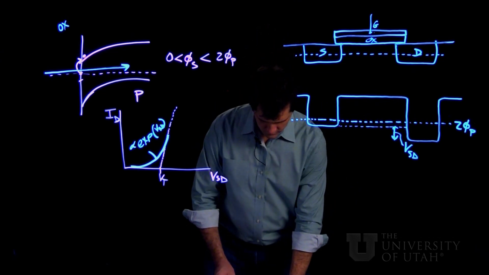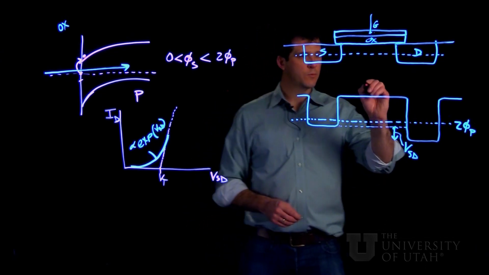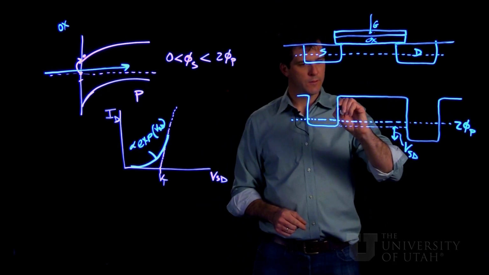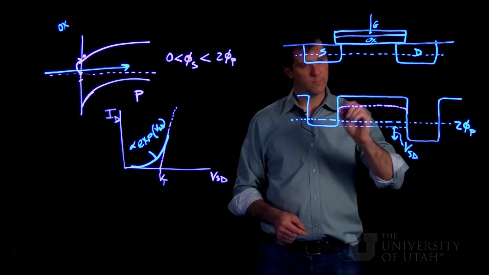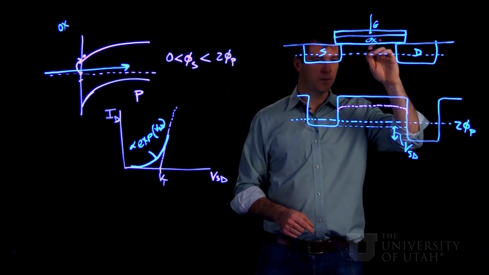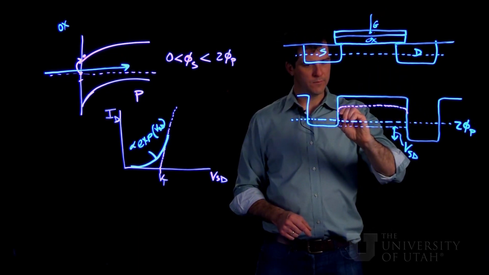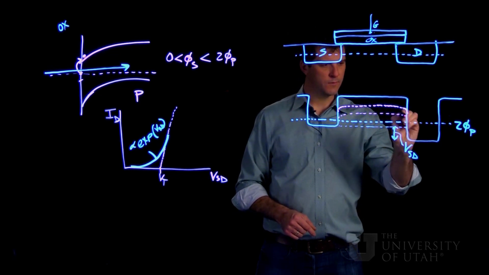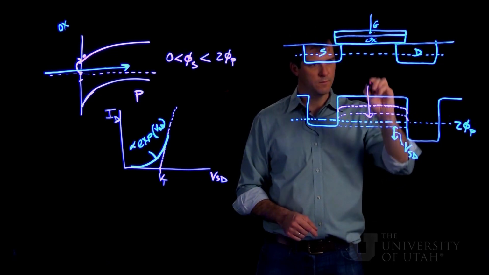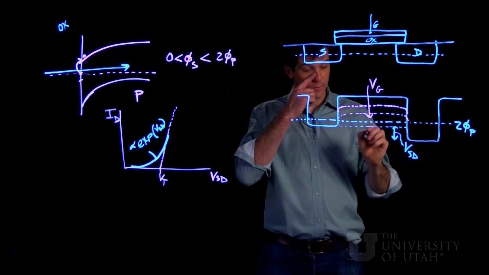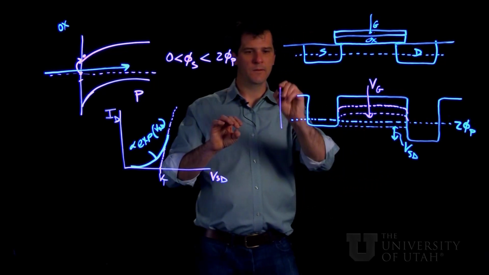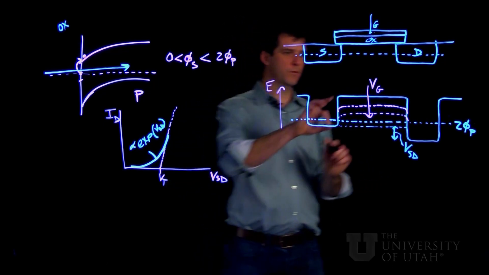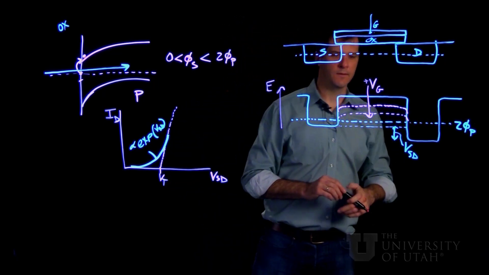Now as we start to apply the gate voltage, we're going to start moving this middle section up and down, and really we're going to start pushing it down and down and down with increasing V gate. So we're going to lower the energy for the electrons on this band diagram by applying a plus voltage to the gate.